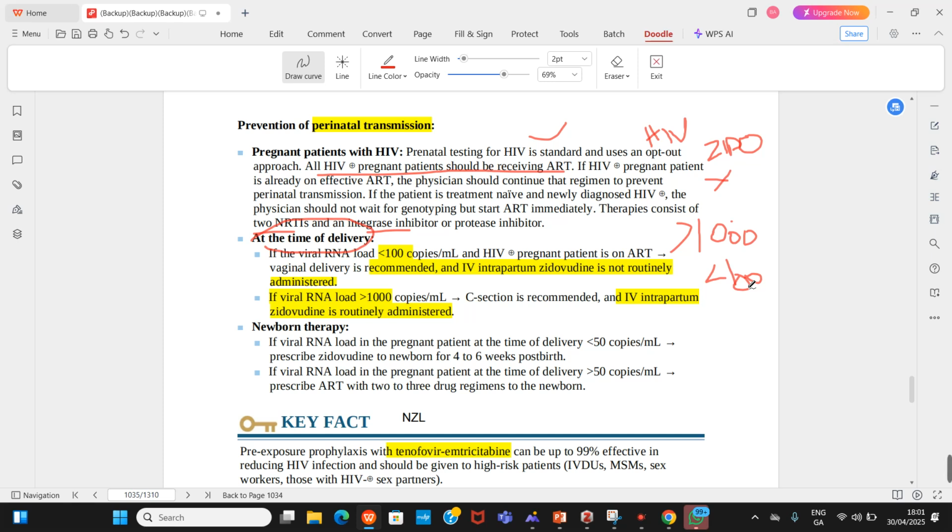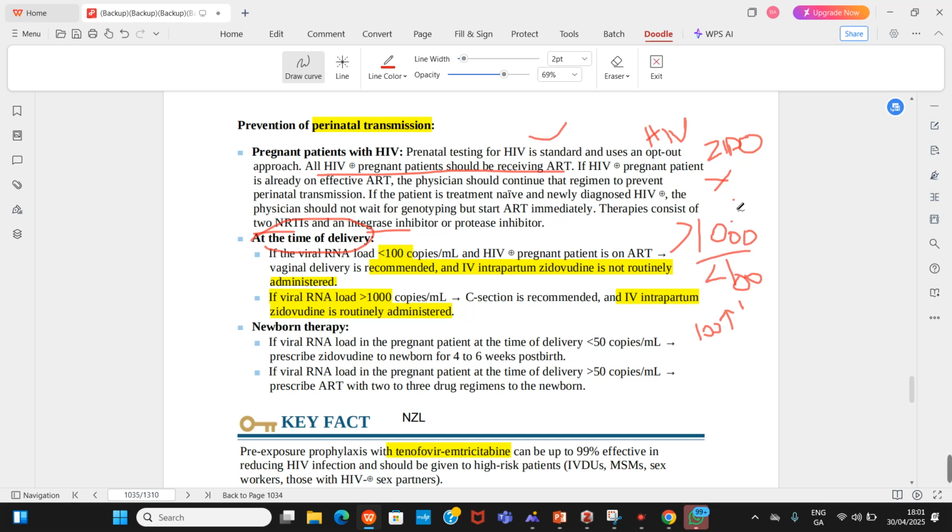Less than 50 is safe, so vaginal is recommended. You might not give intrapartum zidovudine. If the mother is between 50 to 1,000, you can still do vaginal, but you should give IV zidovudine. So the only one where cesarean is compulsory is when it's more than 1,000.